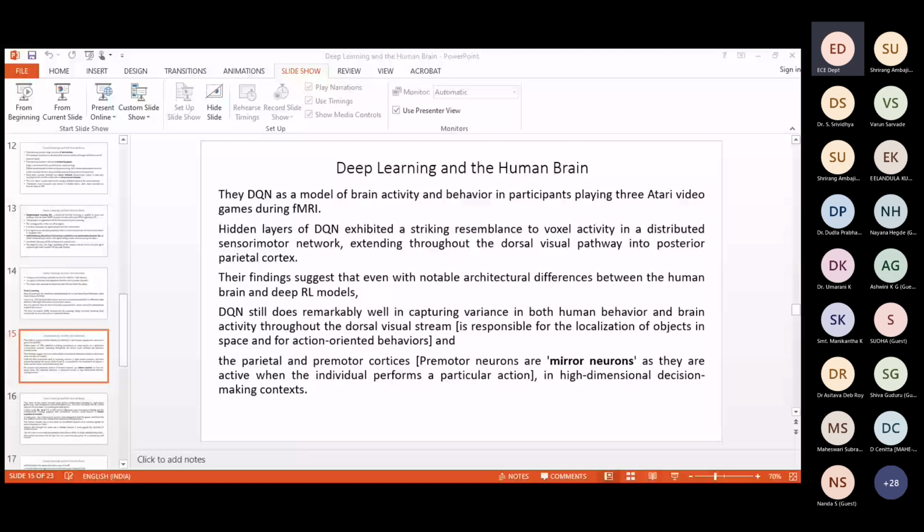So as I mentioned, human perception and the working of the deep Q network were similar in high dimensional sensory information. And these premotor cortices were called mirror neurons.